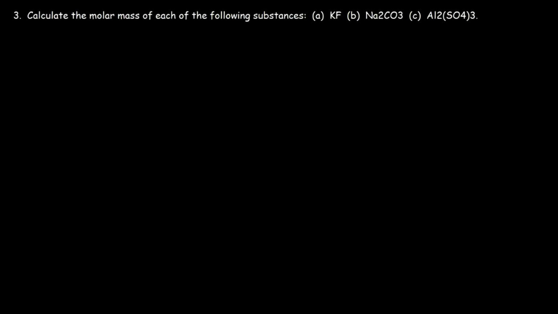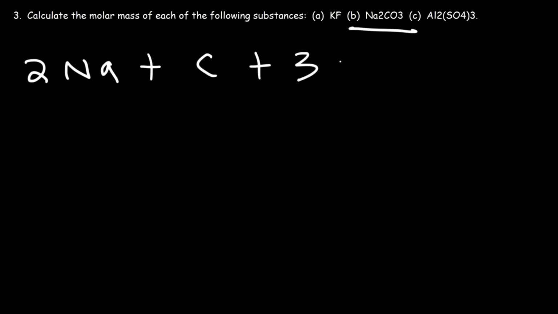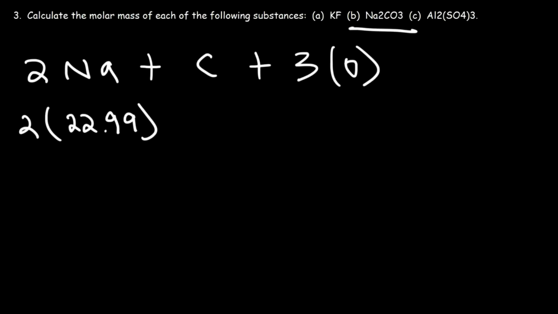Now let's move on to part B. So let's calculate the molar mass of sodium carbonate. So what we have is 2 sodium atoms, or in this case ions because it is an ionic compound. We have a carbon atom and 3 oxygen atoms. So the atomic mass for sodium is 22.99. And for carbon, it's 12.01 based on the periodic table.